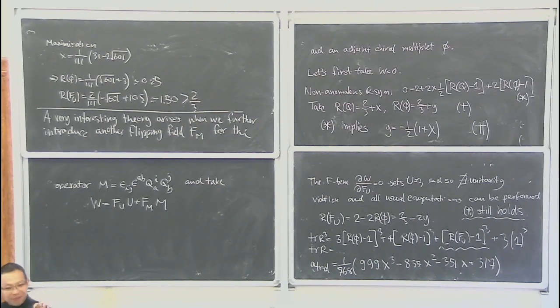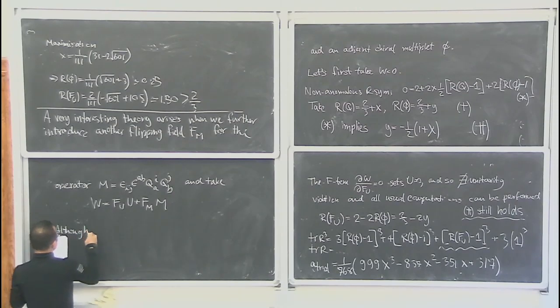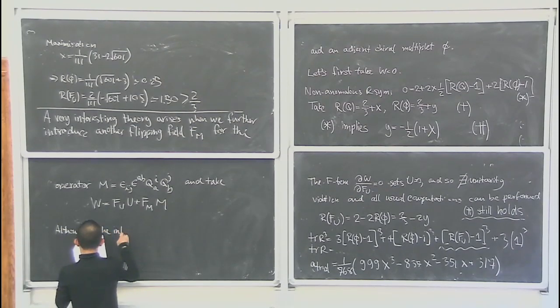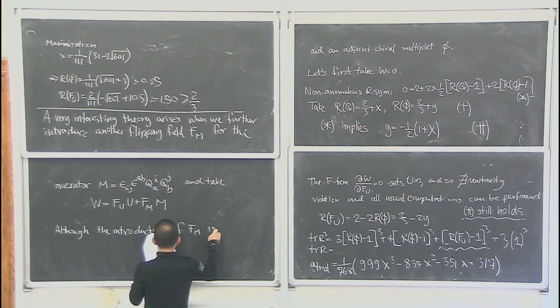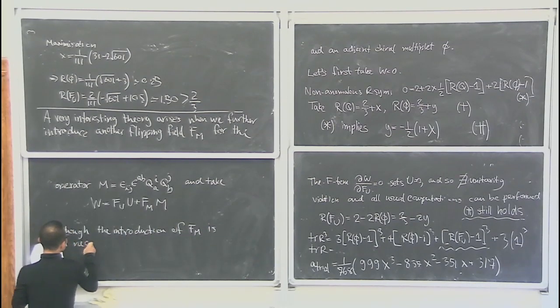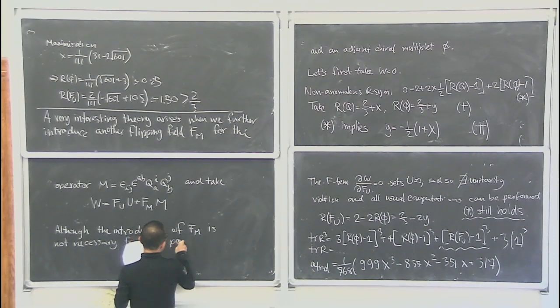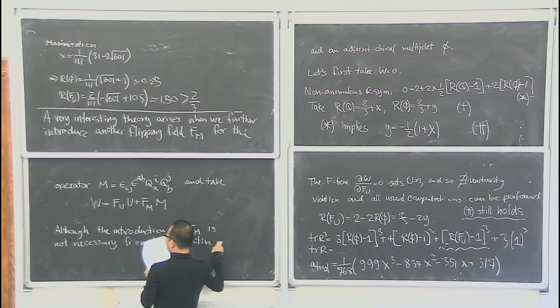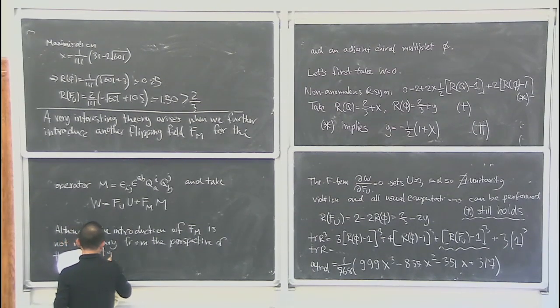So this is the superpotential of this theory. Really simple. It's just two terms. F of U times U, F of M times M. And this has an enhanced supersymmetry. Although, let me emphasize, the introduction of F of M is not necessary from the perspective of the unitarity violation.